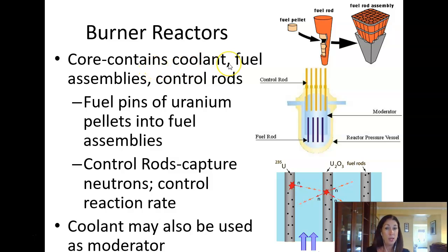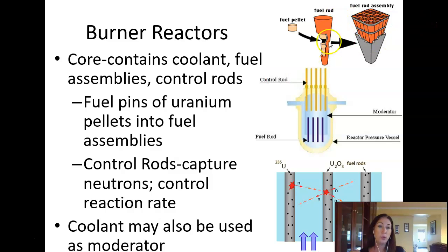You have coolant, because remember, we're trying to make heat. You have fuel assemblies, which are concentrations of your fuel source. And you have control rods that will help to pace that reaction. It can slow it down and speed it up.